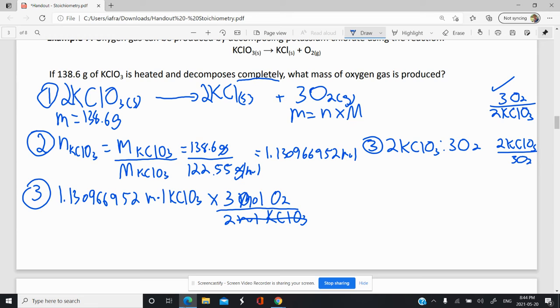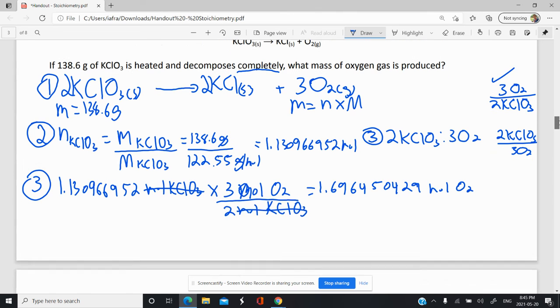You can cross moles of KClO3 out like that. And so we're doing the 1.13 there times 3 divided by 2, and we get approximately 1.696450428 moles of O2.